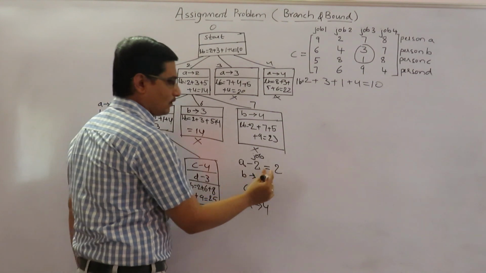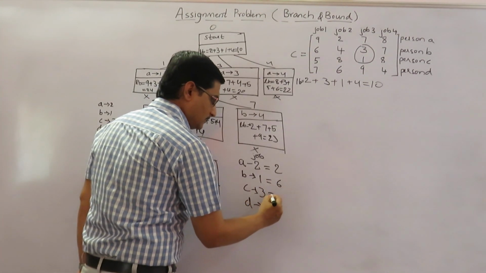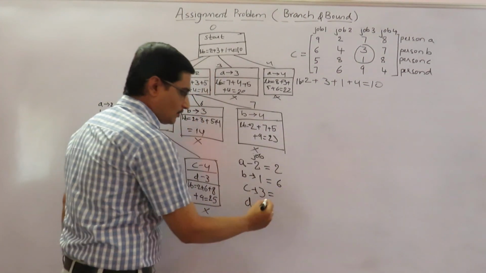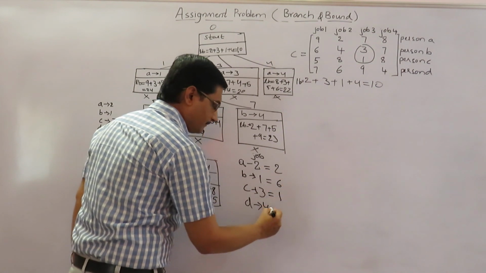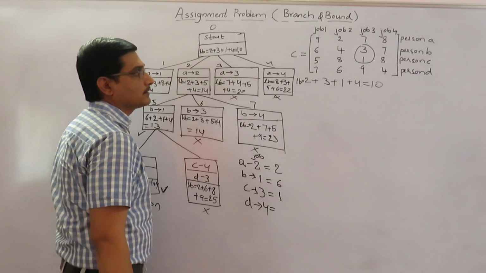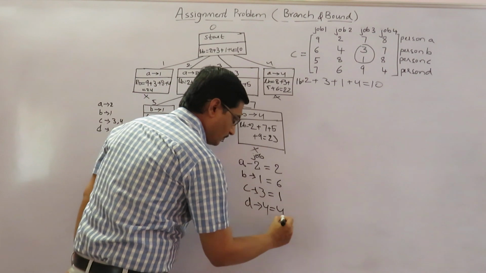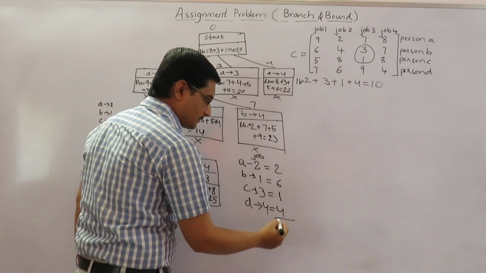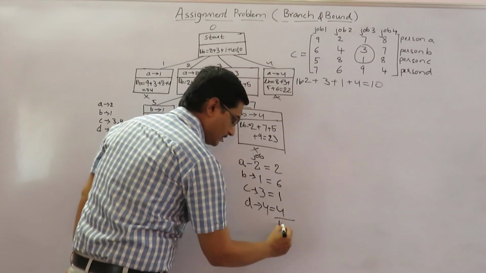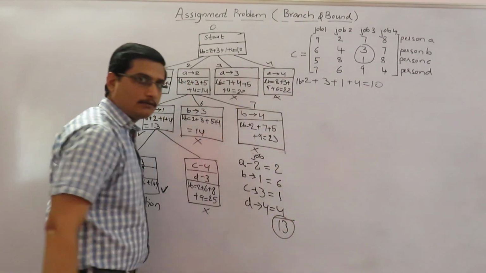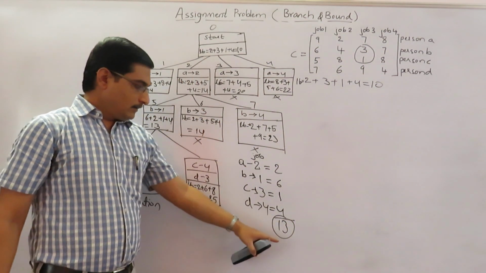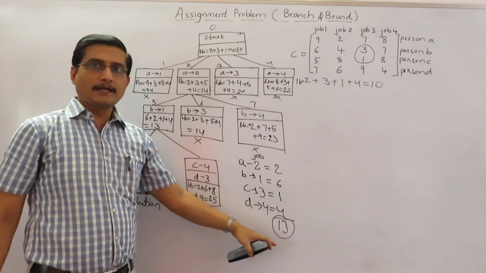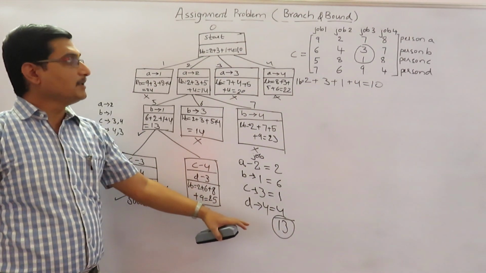And job 1 cost for person B is 6. Job 3 cost for person C is 1. Job 4 cost for person D is 4. What is the total? 6 plus 2, that is 8, 9, 13. So this is the total cost of the jobs assigned to the persons A, B, C, D.